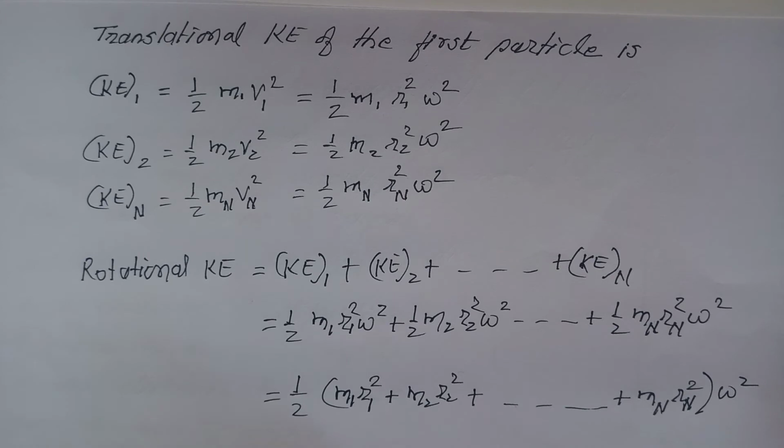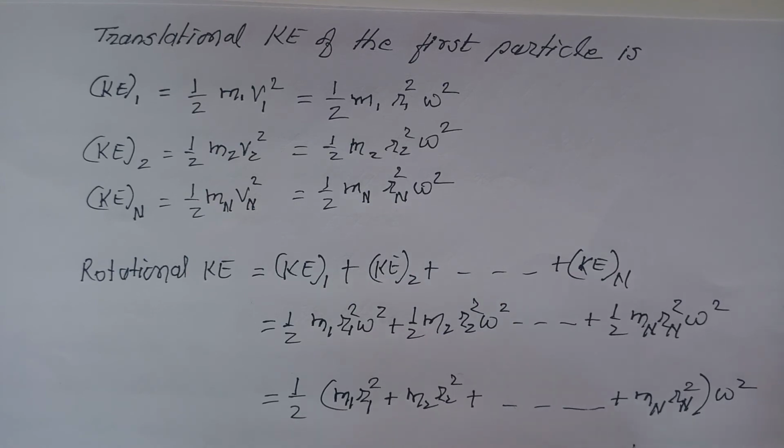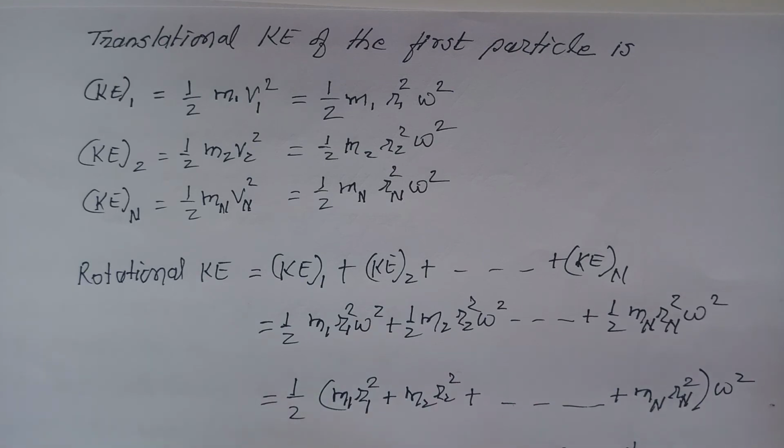So this value gives us the total rotational inertia, that is the moment of inertia of the given body. I can write this as summation mi ri square, where i varies from 1 to n. So this bracket gives us the moment of inertia.